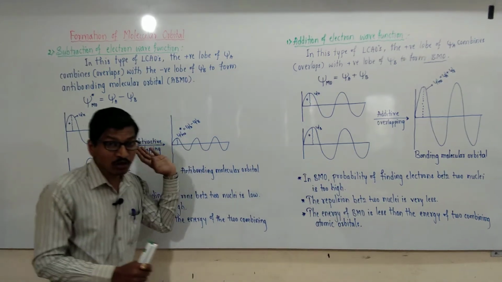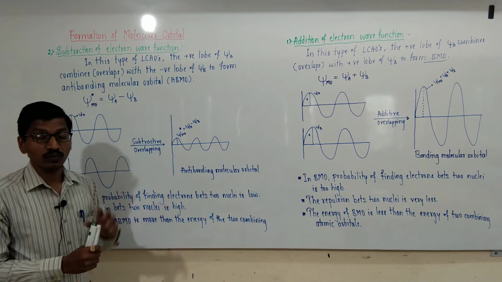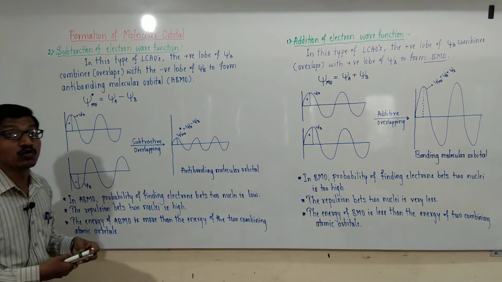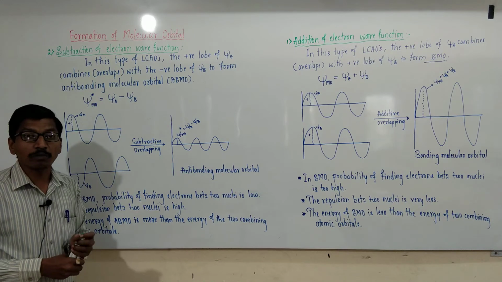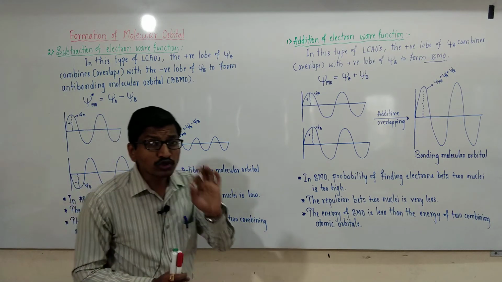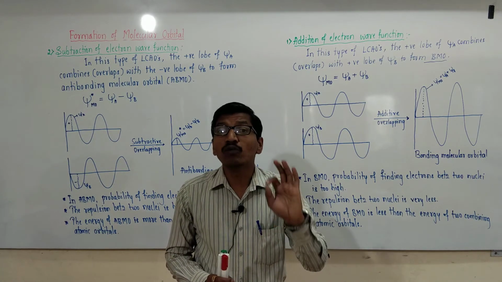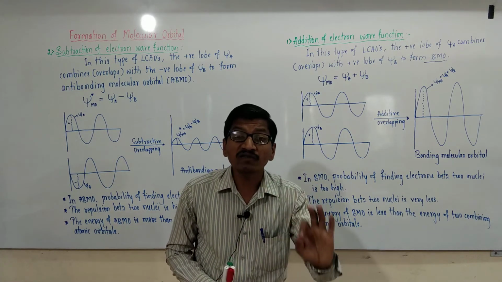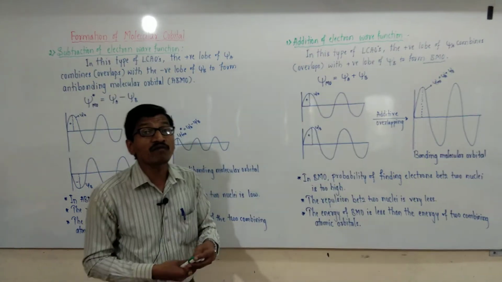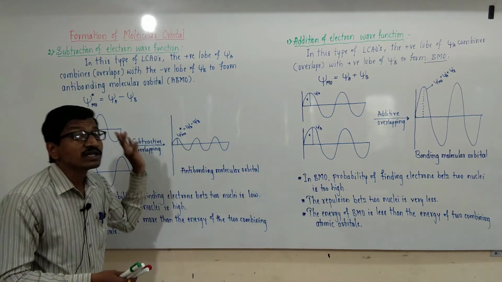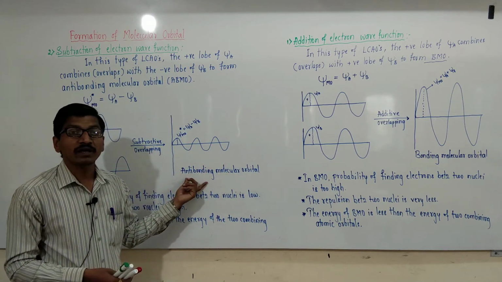And in the case of subtractive electron wave function or subtractive overlapping, in this type of linear combination of atomic orbitals, the positive lobe of psi A combines or overlaps with the negative lobe of the electron wave function of psi B to form an antibonding molecular orbital.